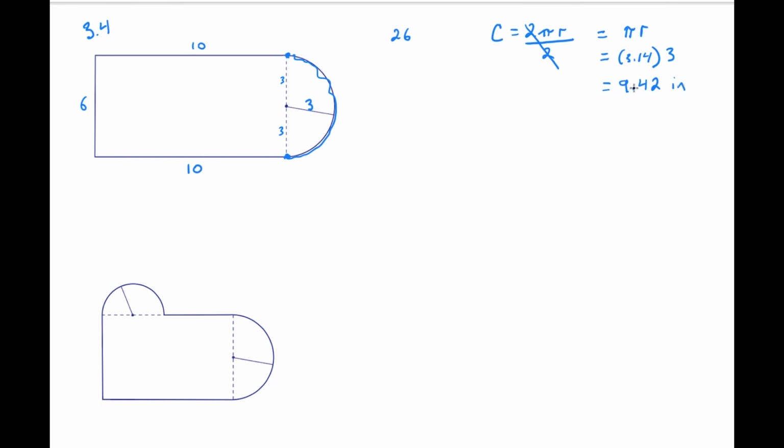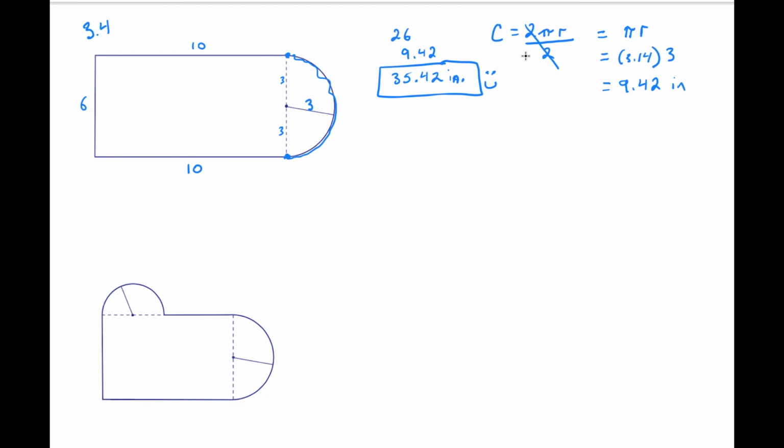So all we do is we take this half circle and we add it over here to our 26, and we end up with a total of 35.42 inches for our perimeter, and that is the right answer. Oops, didn't want a frowny face, I want a smiley face. There we go. So that's the correct answer.